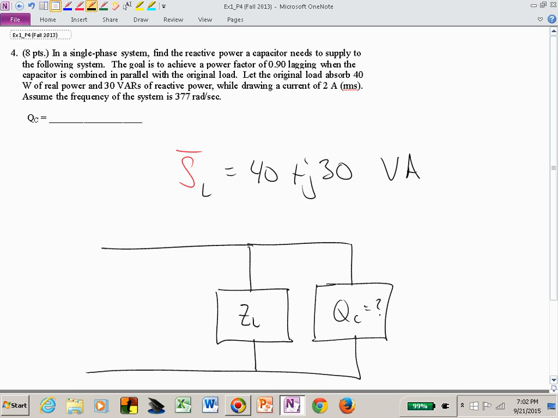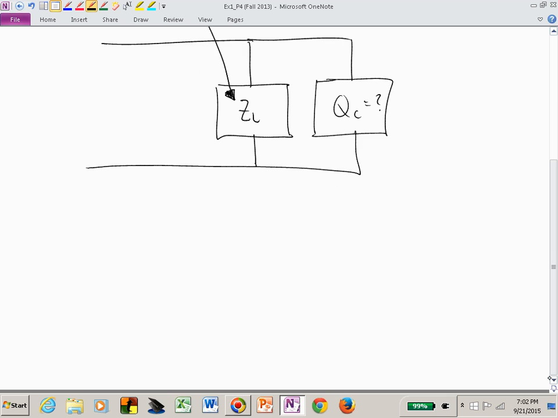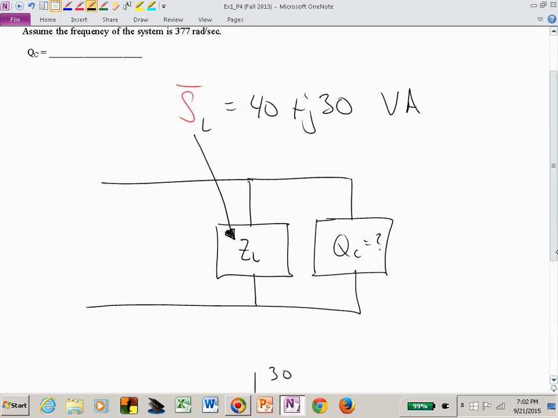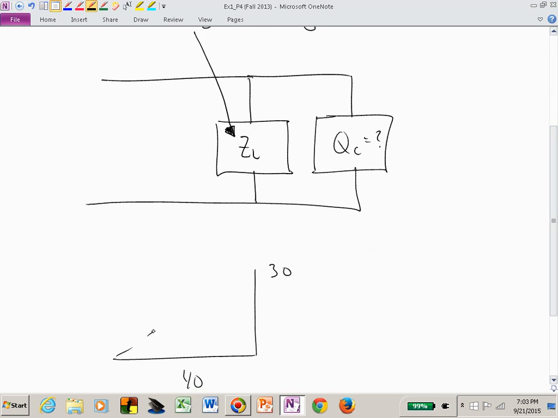What are we looking for here? We can draw the original triangle. It's 40, 30, and so this is 50. That's a 3, 4, 5 triangle.